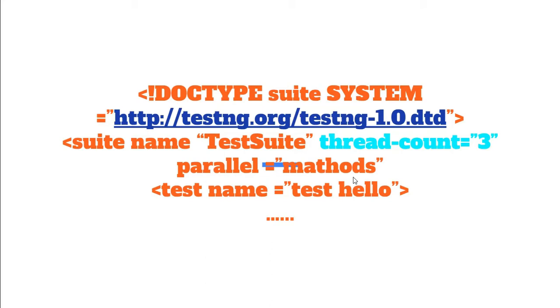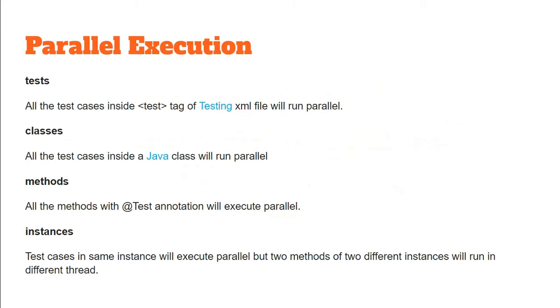Now we should go through the parallel executions and the parallel attribute, where we can apply it. If we place tests in our parallel attribute, it means that all the test cases inside the test tag of the XML file will run in parallel.